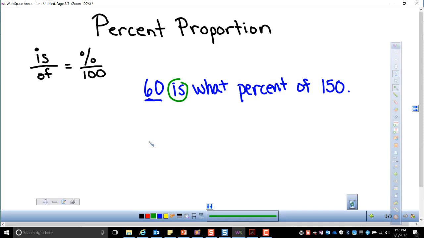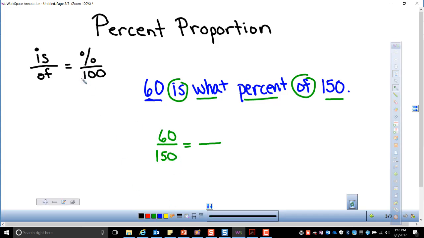Okay, so then I'm going to draw my proportion. So I have two fractions. 60 is, so that's the top of this fraction. 60. And it says what percent of 150? So of is the second number, or the bottom number, and it's of 150, so that goes down here.